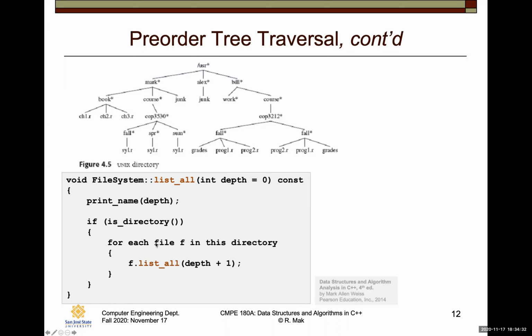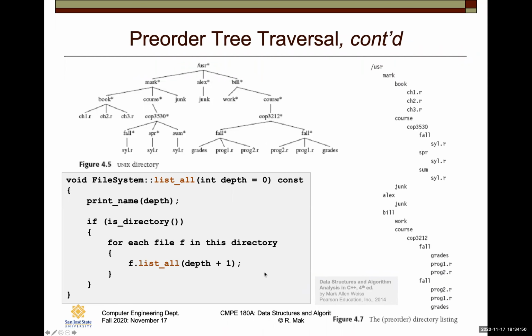So we visit the node, and in this case, we print the name of the node, and then we recursively visit the children. This is a pre-order traversal, and if we look at the output, it's going to look like this, right?